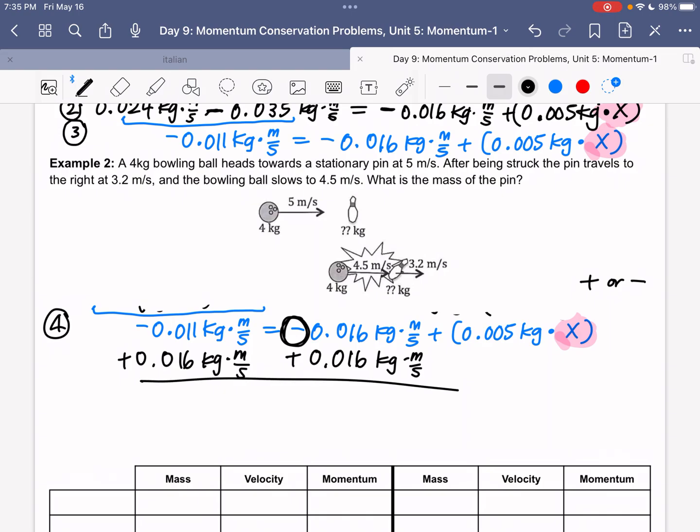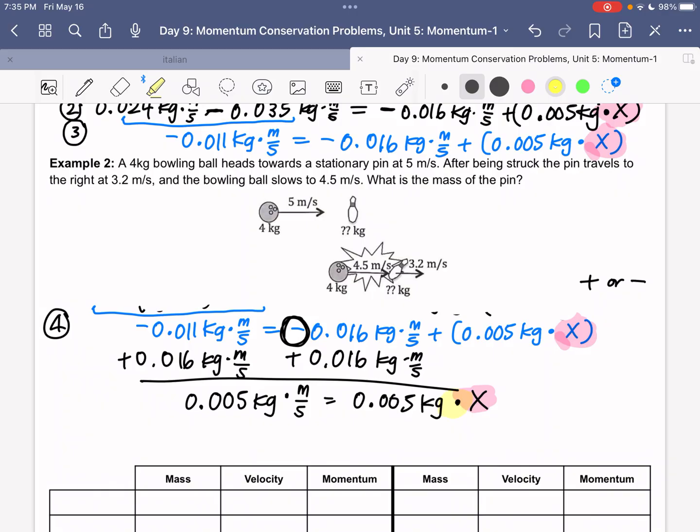It ends up being, surprise, surprise, 0.005 kg times m/s equals 0.005 kg times x. Now what do we do to get the x by itself? Because again, they're connected by a multiplication now, so we have to do either multiplication or division. So since it's multiplication, the opposite of multiplication would be division.